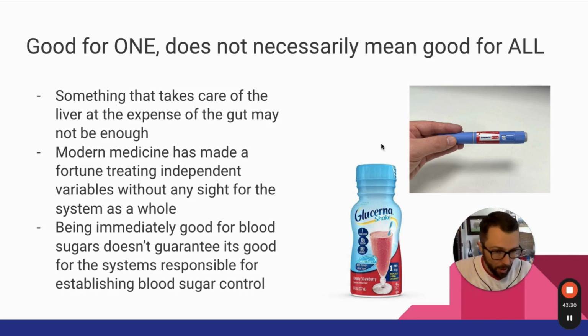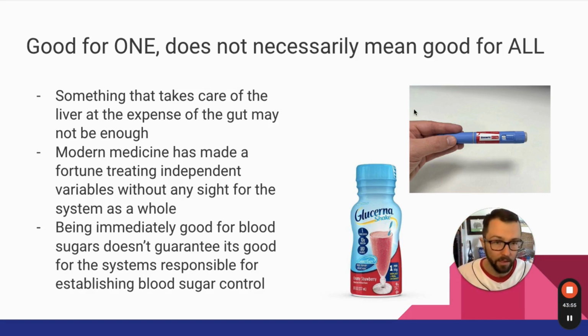But if this is coming at the expense of our gut health and causing a greater imbalance of gut microbiome, that's not good, right? In helping one variable that impacts diabetes, it's making another variable that impacts diabetes worse. And we're looking for net positives here.